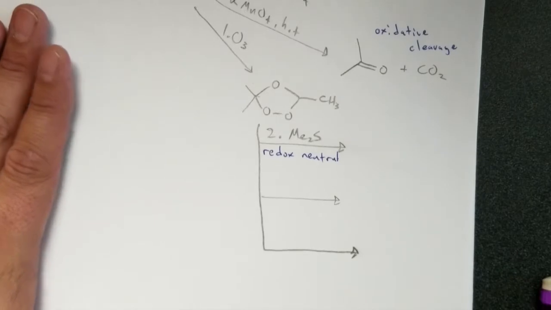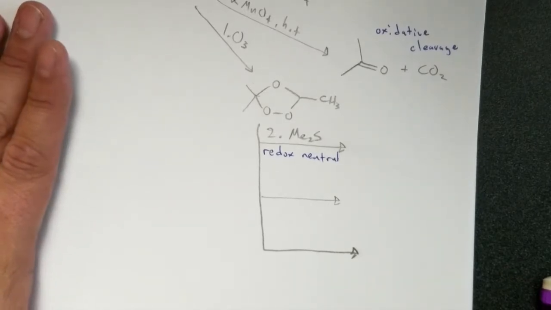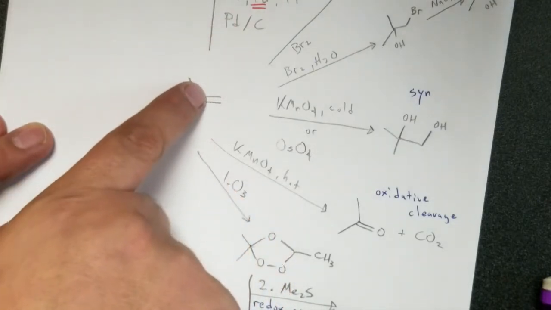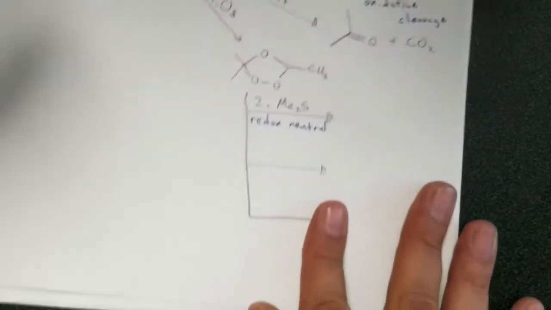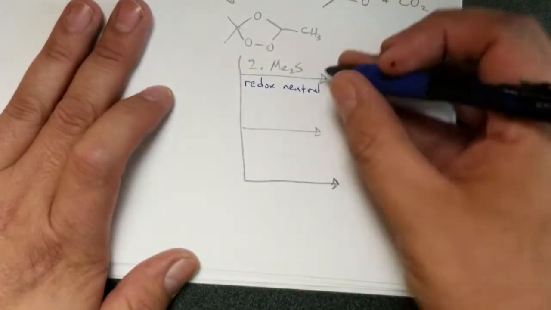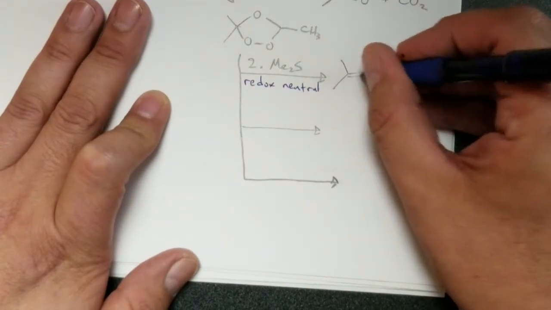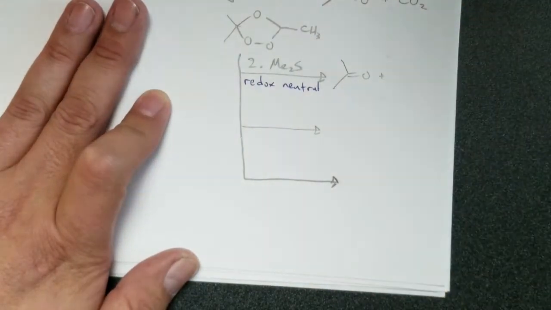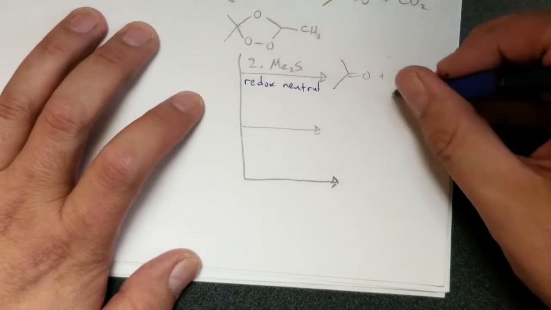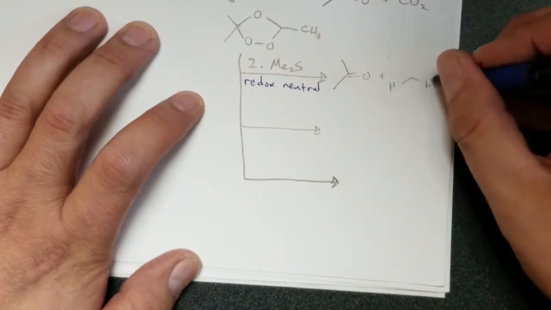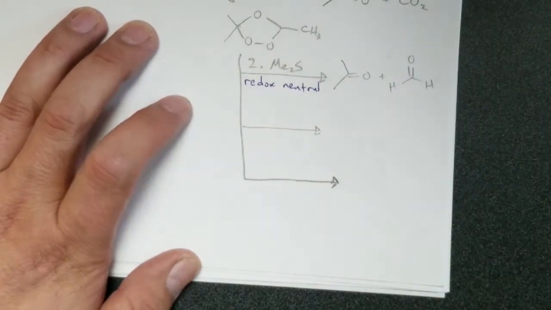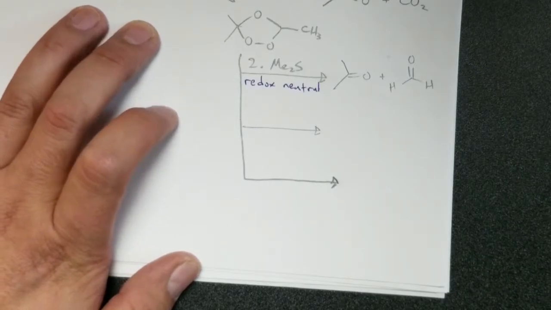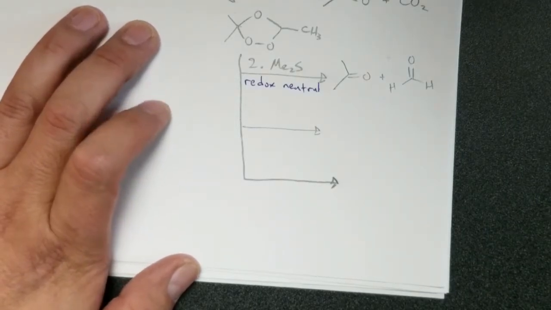All right, if it's redox neutral, that means that any H's that were in the original alkene will still be there in the product. So on the left side of the molecule, we're going to have our double bond O. But because our terminal carbon had hydrogens on there, they're going to stay on there. So in this case, we're going to get formaldehyde.